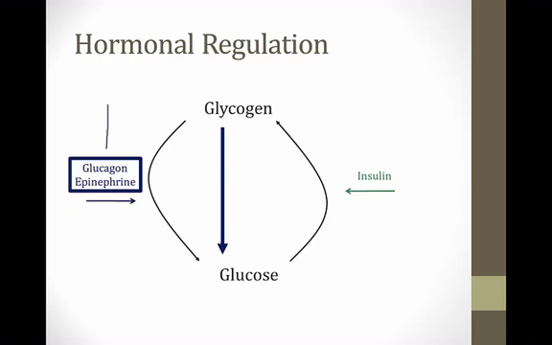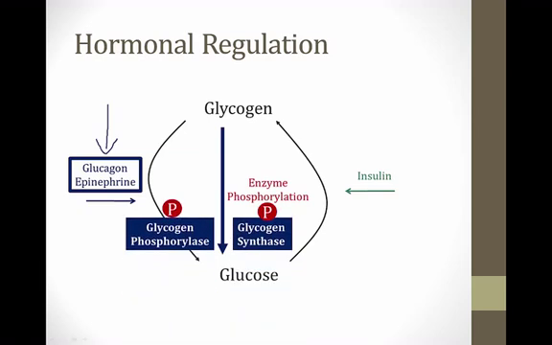So we'll start by talking about glucagon and epinephrine, and the way that glucagon and epinephrine influence the process of glycogen breakdown is through enzyme phosphorylation. Specifically, these two hormones result in the phosphorylation of both glycogen phosphorylase and glycogen synthase. What's confusing is the phosphorylation has opposite effects on the two enzymes.